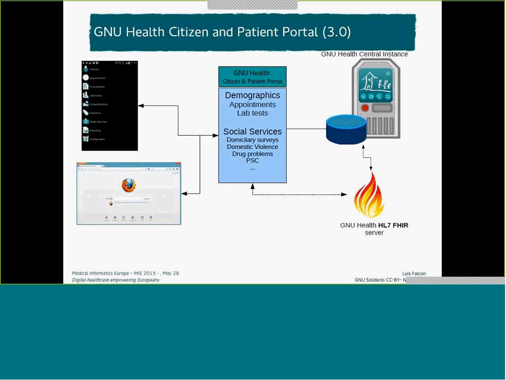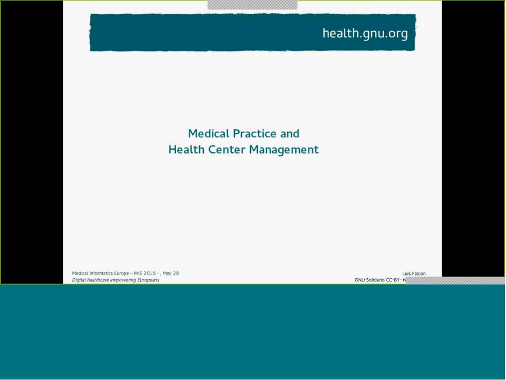So that would be able to be done by this citizen portal that is going to be in the version in November. Next slide deals with the medical practice and health center management.